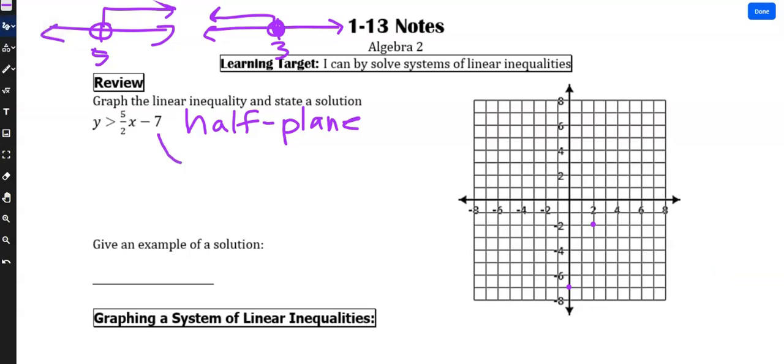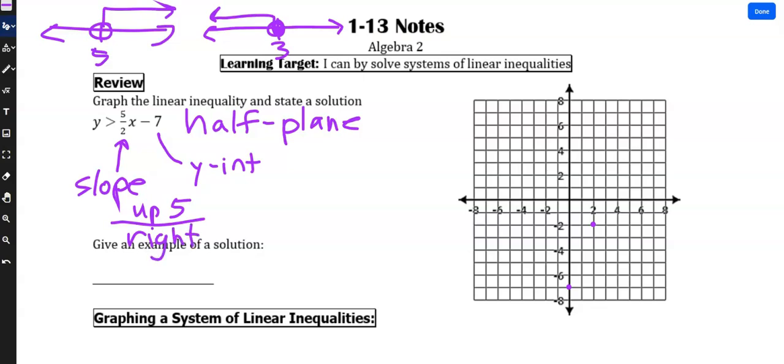So we have our y-intercept at -7, and our slope, which does mean up 5. And I like it when people go to the right first, at least when they do their first coordinate, so that the top tells you up or down, and the bottom tells you to the right.